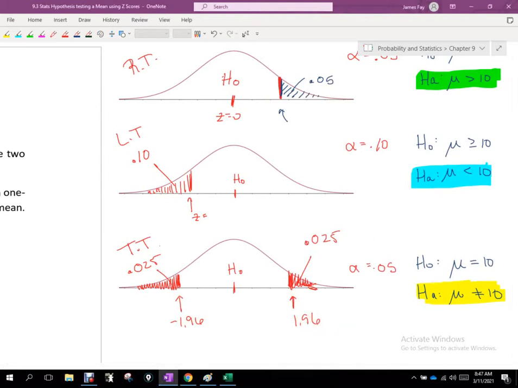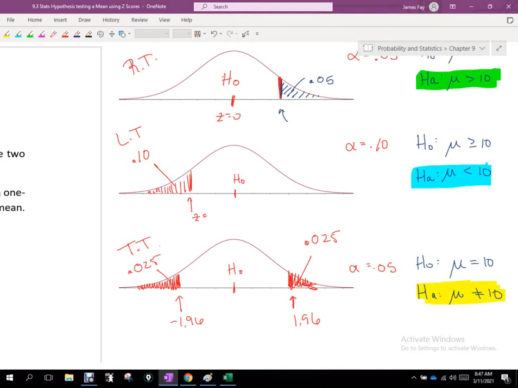As we take our data and run through the standardizing process, if it spits back a score that is more negative than negative 1.96 or more positive than 1.96, that will tell us that our population mean is not the same as what we're saying in the null hypothesis.